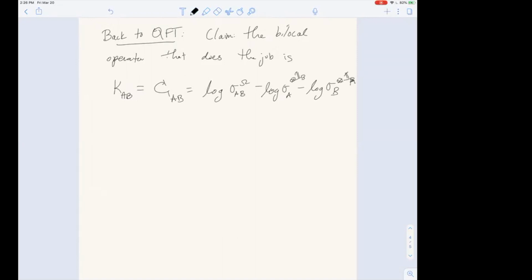In quantum field theory, just as an aside, density matrices are not well defined because of UV divergence issues. But everything I'm going to say can, and in the paper will, be upgraded to the realm of algebraic quantum field theory.